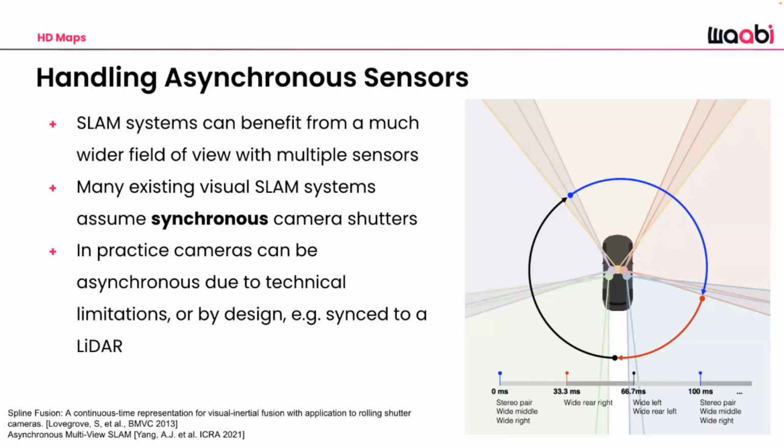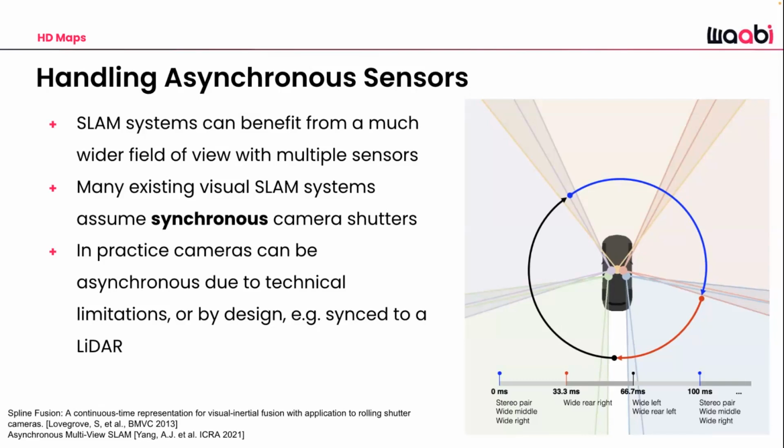To tackle this problem, there are papers like spline fusion and asynchronous multi-view SLAM, which formulate a more generic SLAM framework, where you no longer model the frames as individual poses, but rather have a continuous time parametrization for your trajectory. Then you optimize this spline-based or Gaussian process-based or whatever trajectory parametrization instead.